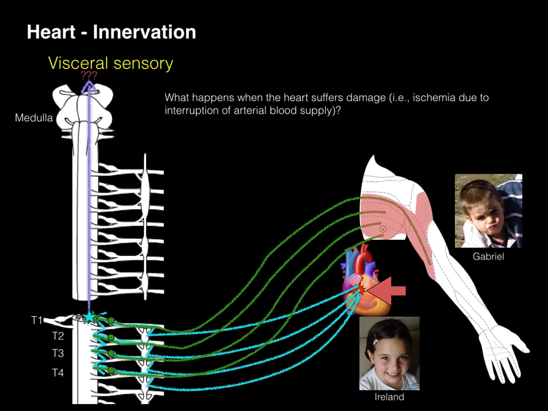So the brain refers that sensory input to those dermatomes, even though that's not where it's coming from. And this is a dull, diffuse, non-localized pain. That's angina pectoris, referred pain from heart problems.